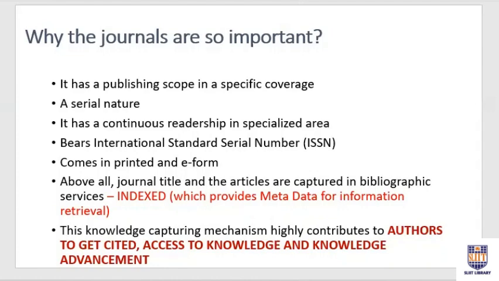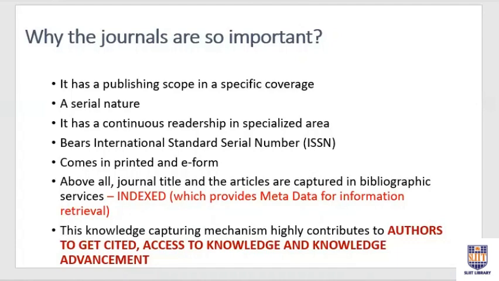Above all, this point is very, very important for you all. Above all, the journal title and the articles are captured in a bibliographic service when you publish in a reputed journal title. This is called your article, and the journal and the article are indexed. This provides metadata for information retrieval. What is metadata? Metadata is the information about information.